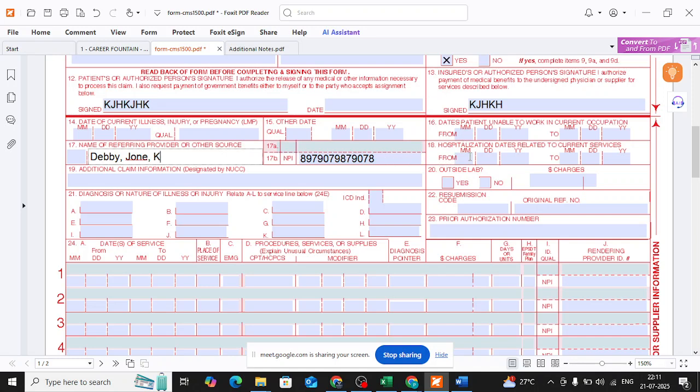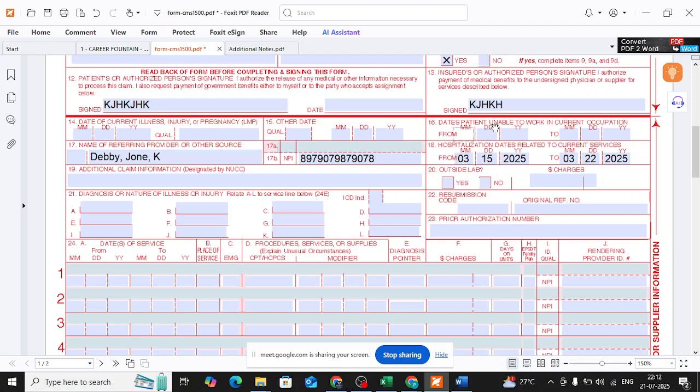Now box number 18 is hospitalization date, from which date he is in our hospital. So that date, March 15th to current date, March 22. This is the box number 18.